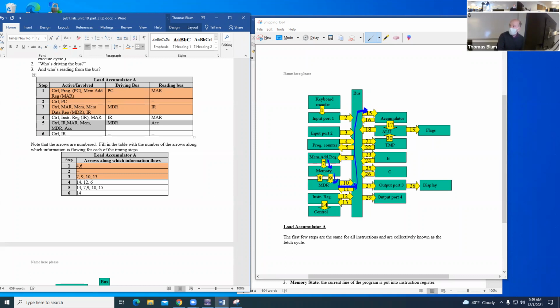So 9, 10 are a pair for when I'm reading something from memory. 11, 8 are for when I'm writing. If I get some answer and I'm writing it to memory, doing what's called a store, or when we are playing around with the stack, what we call a push, then we're putting something into memory, and it would be 11, 8. So the read is a 9, 10, the write is an 11, 8.